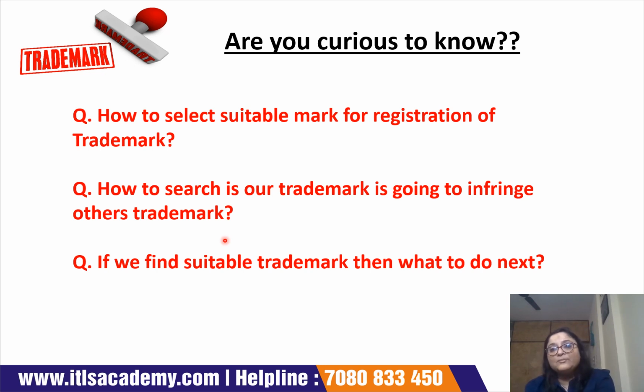Or if you already have a well-established trademark, how will you search whether others are infringing your trademark? And if you found a suitable trademark that is not infringing others, what to do next? How will you go for registration? All these topics we are coming to in the next sessions.